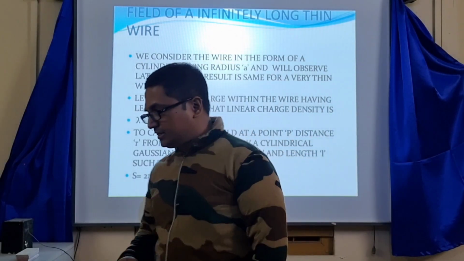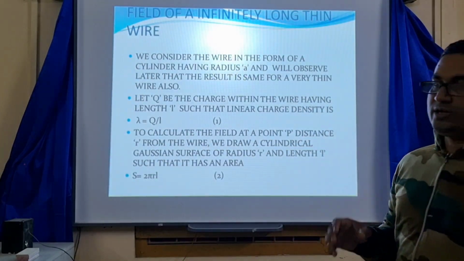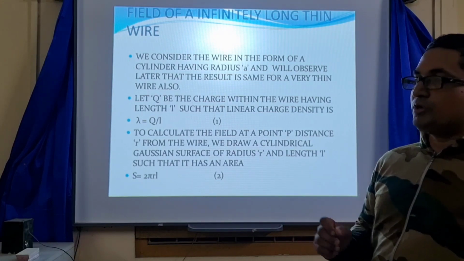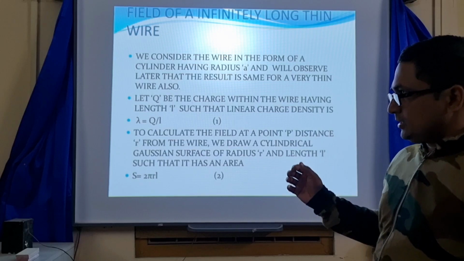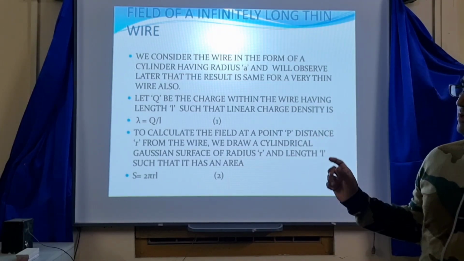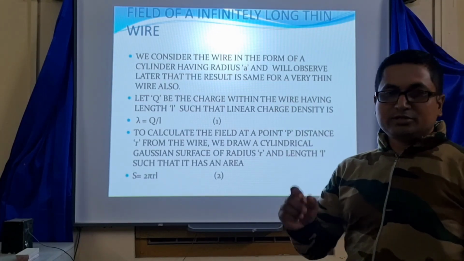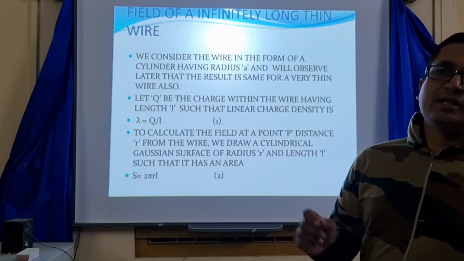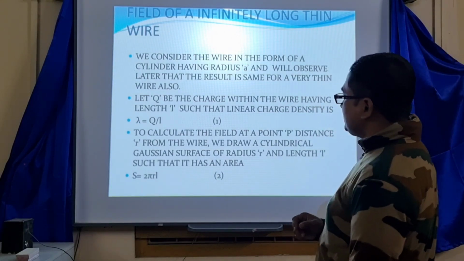Later on we'll observe that the result is the same whether we take a cylinder of radius a or a very thin wire, that means a going to 0. So let's start with a cylindrical wire of infinite length and having charge capital Q and length L. As defined earlier, this lambda is equal to capital Q by L, a linear charge density.